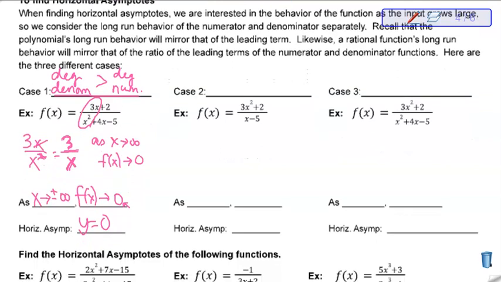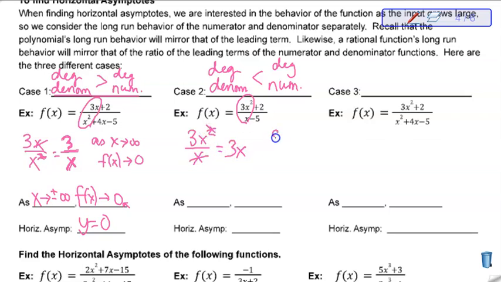Now, if we look at case 2, where the degree of the denominator is less than the degree of the numerator, then, wait a minute here. Yes, that's right. Sorry, I'm getting all flipped around here. I was looking at the top. All right, then I'm going to extract out the leading term, so 3x squared all over x, and again we have an x that cancels, but this time the x cancels up there, leaving me with 3x. Now, just look at the case x goes to positive infinity.